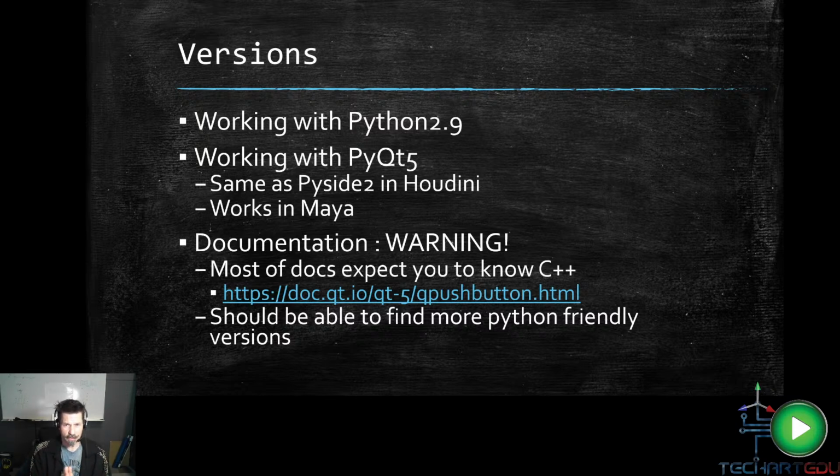When they ported the Python version of the Qt library, they worked really hard to make sure the Python classes mirrored the C++ classes exactly. Once you get used to the C++ documentation, it works very well. That doesn't mean you won't be able to find Python examples, but don't be surprised if you start looking things up and end up with C++ documentation. That's because it was originally written for C++.